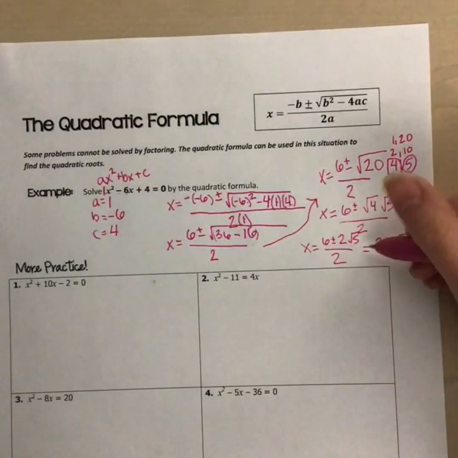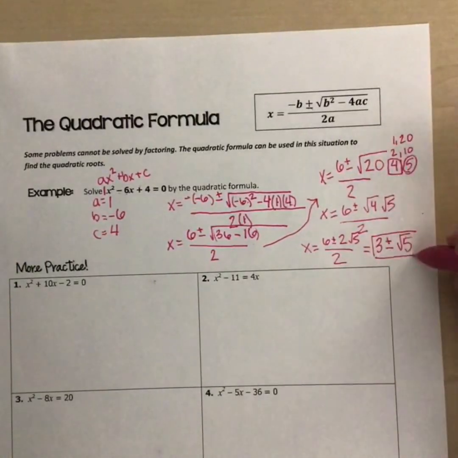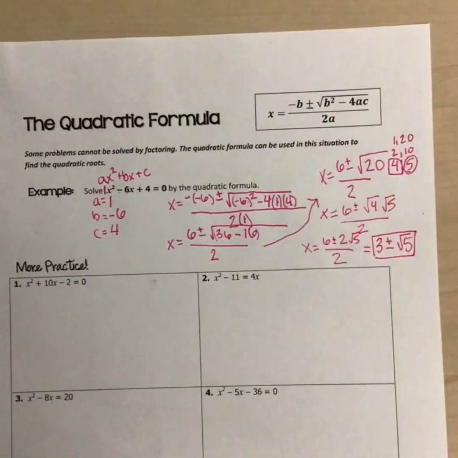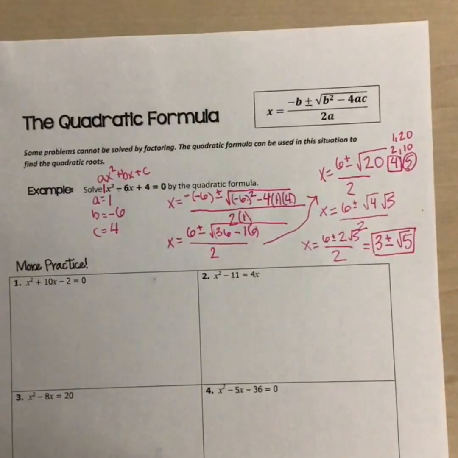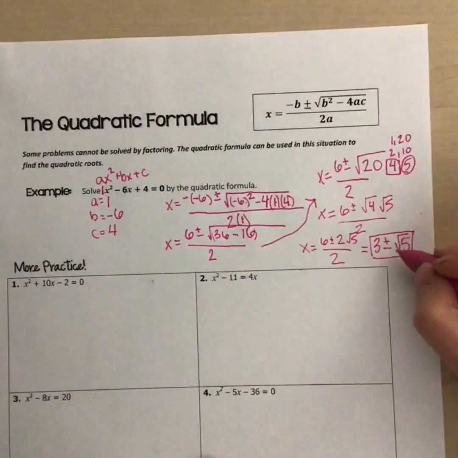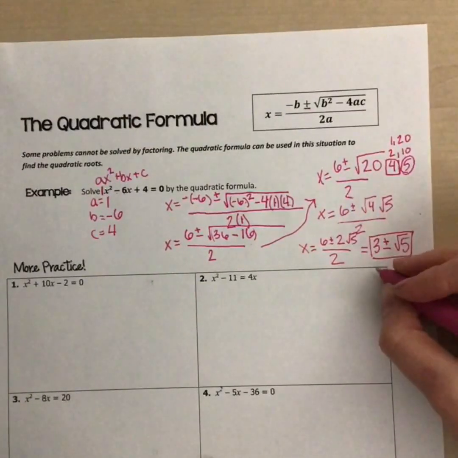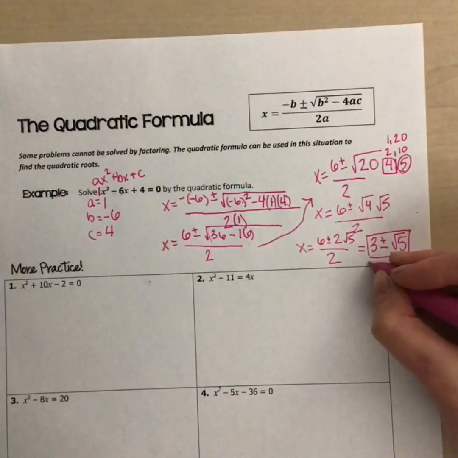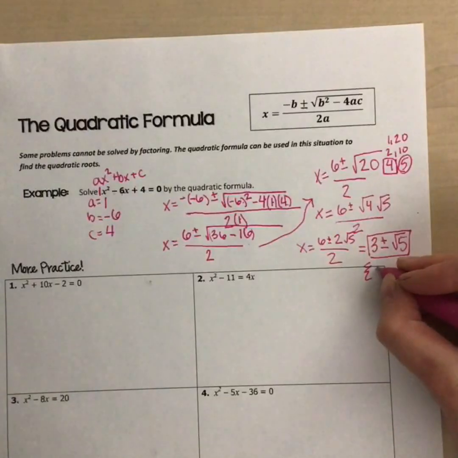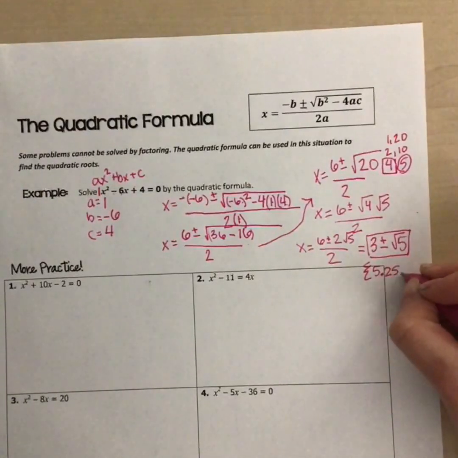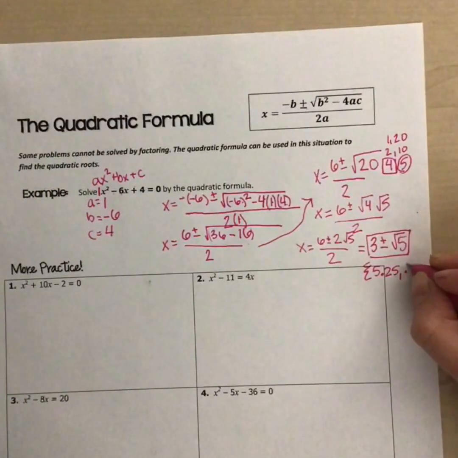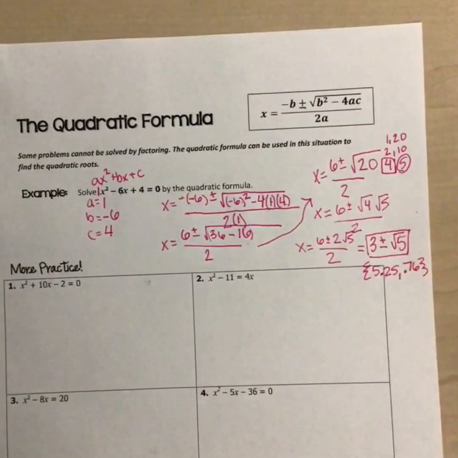For me, this is a fine answer. However, I think Delta Math is going to want you to find the decimal form of this. So to do that, you would punch these into your calculator, type it in online, however you want to do that, and you would get the solutions of 5.24 and 0.76.